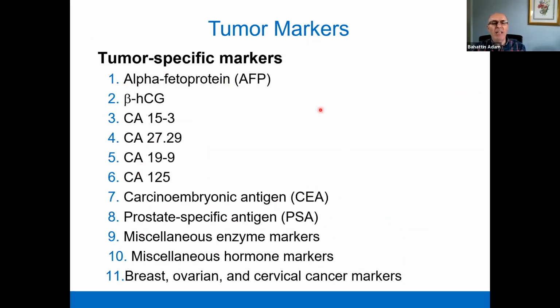As you see, here is the list of the most common tumor markers. You don't need to memorize tumor markers, but there are tons of markers that we use to monitor the treatment of cancers or to monitor recurrence of the cancer.